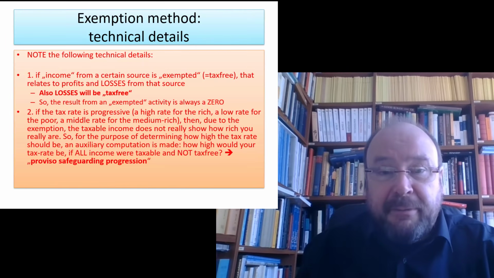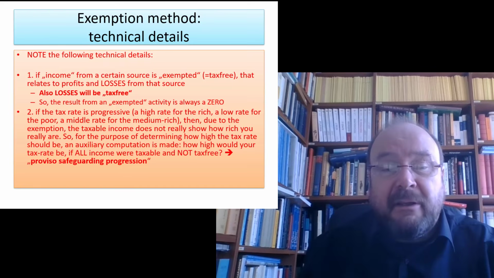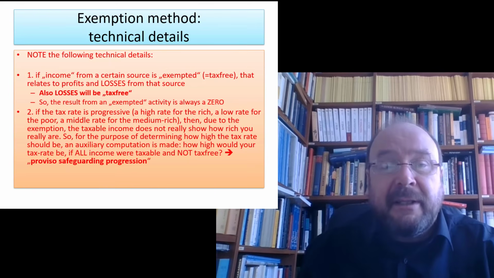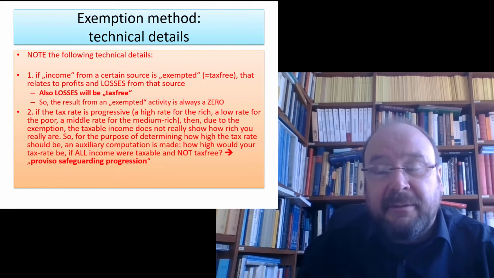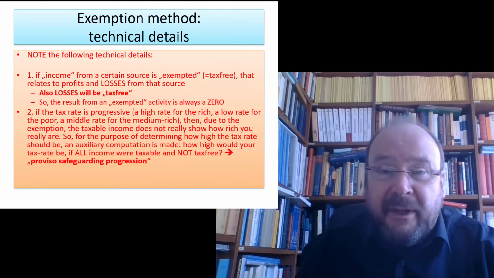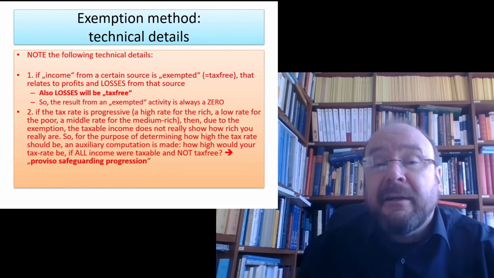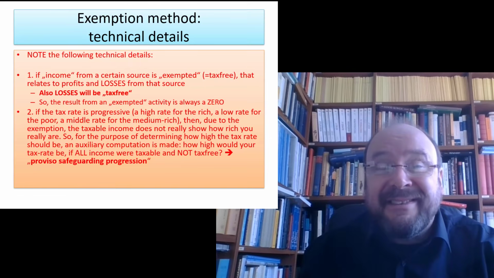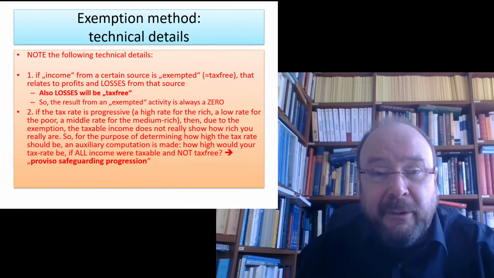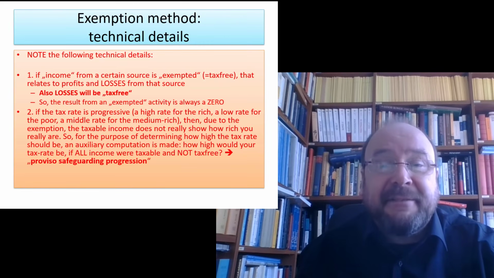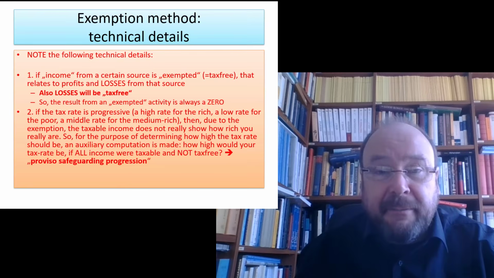So the prevailing theory in Germany is that if, let's say, a foreign permanent establishment is declared tax-free in Germany under a double taxation treaty, then also losses resulting from that permanent establishment are tax-free, so are not tax relevant, and are taxable with an amount of 0 in Germany. So you can't deduct losses from a tax-free activity.